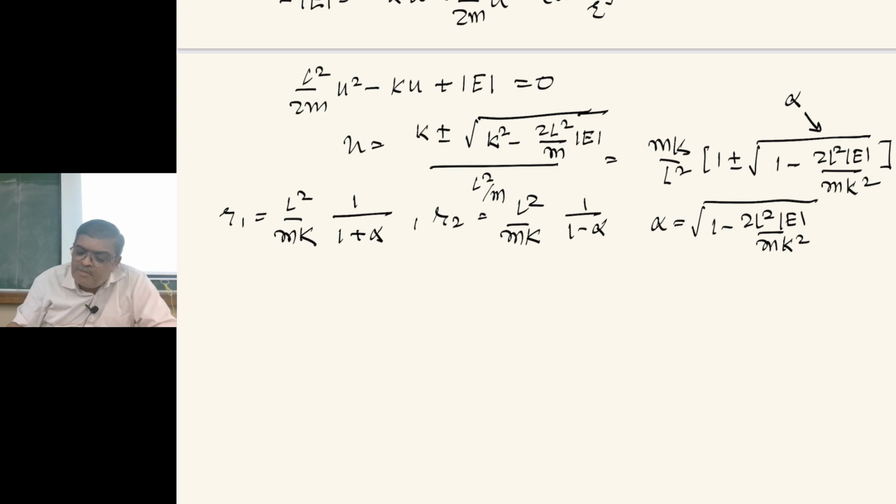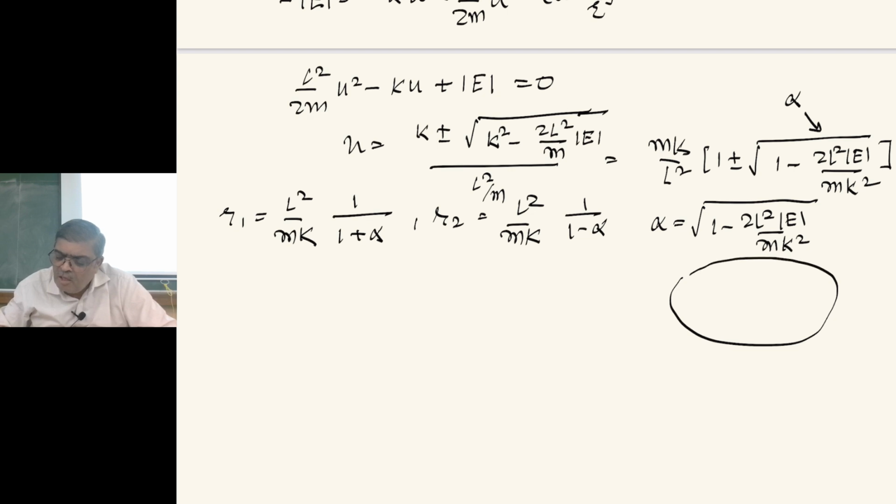Good. Now we have got something very interesting. We know that the trajectory here is an ellipse, and the planet is at the focus. So the distance of closest approach is going to be your R1, and the distance of furthest approach is R2.